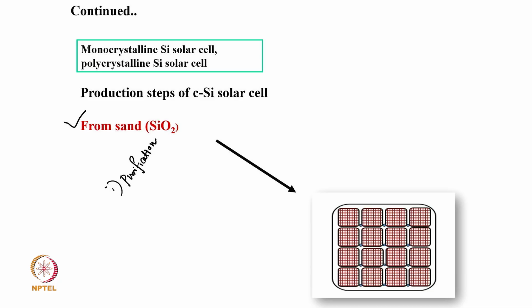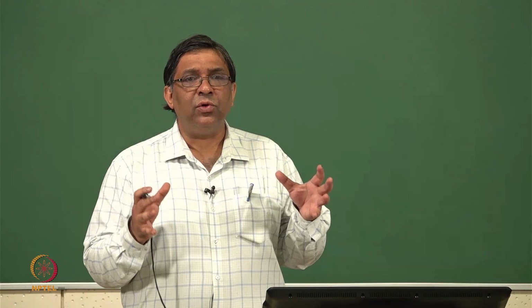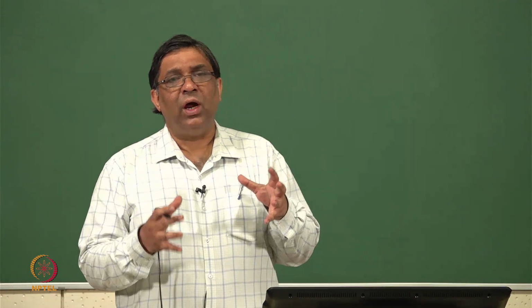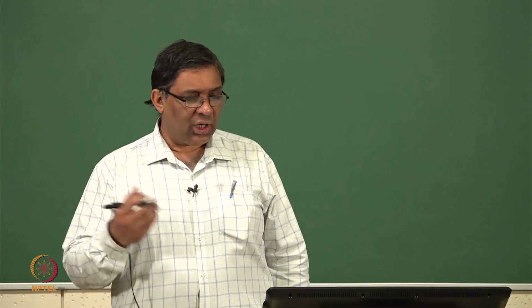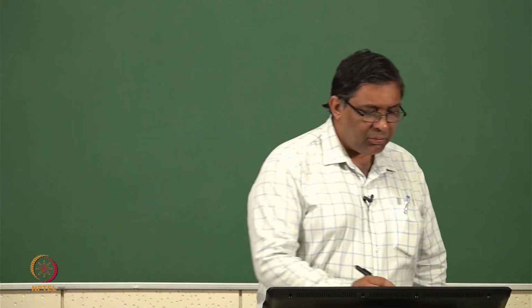And second, you need to reduce it with carbon, and then you get metallurgical grade silicon. That is what I have already discussed: this SiO2 reacts with carbon, and then it produces metallurgical grade silicon with carbon dioxide. This is the second step.